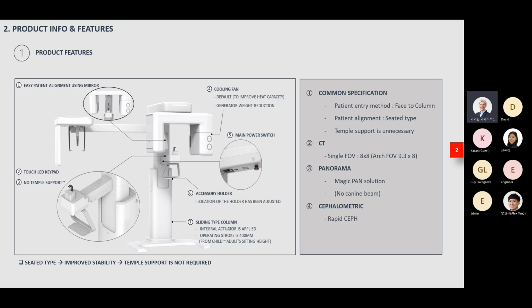The operating stroke is about 400 millimeters, because you will have child and adult patients sitting, so we had to adjust, taking the international standard size of the human body when they sit. Everything was considered, and there shouldn't be any problems with the image acquisition in this part.